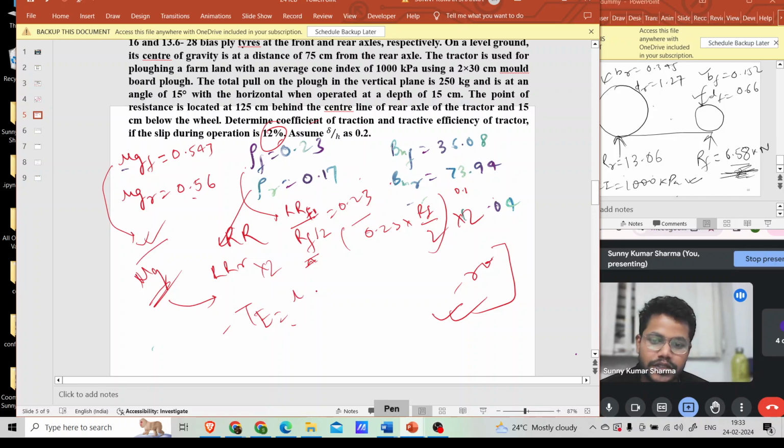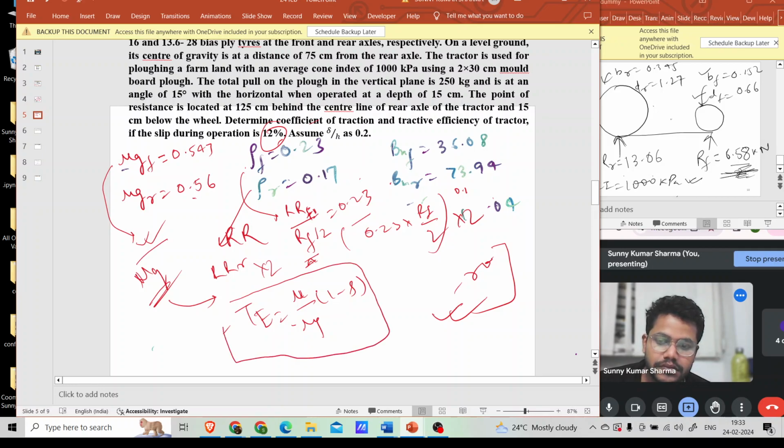In terms of mu and mu g, it is mu by mu g into 1 minus s. Sivaram, do you know this equation? Okay, if you don't know, then you can tell, I will derive it here. If you know, then it is fine.